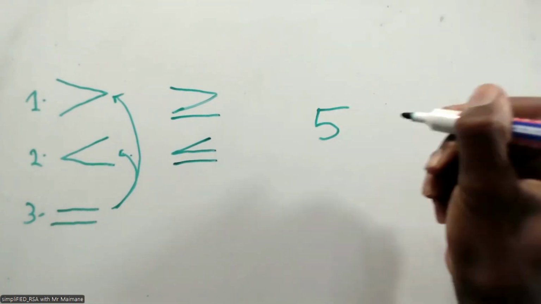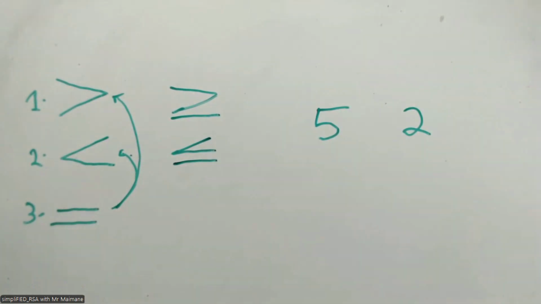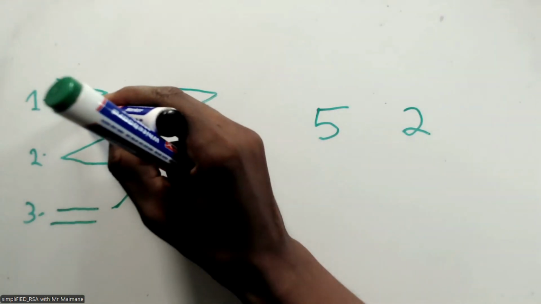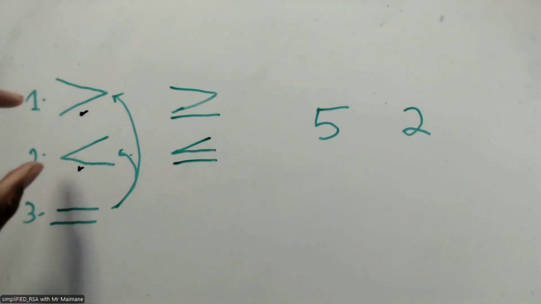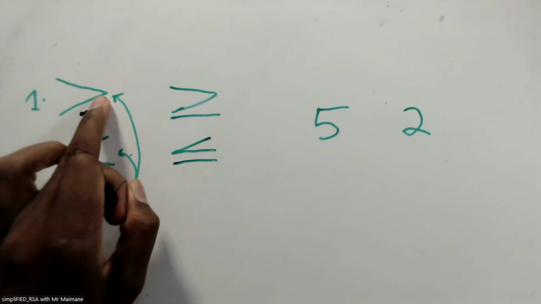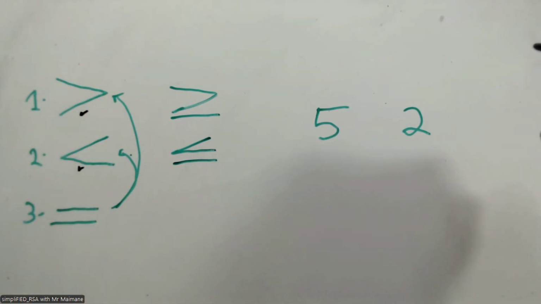But this is what the concept is. If I have 5 and I have 2, it is very easy to understand how this works based on the first sign and the second sign. Now, I want you to picture these signs just like an arrow. The tip part represents the arrowhead.